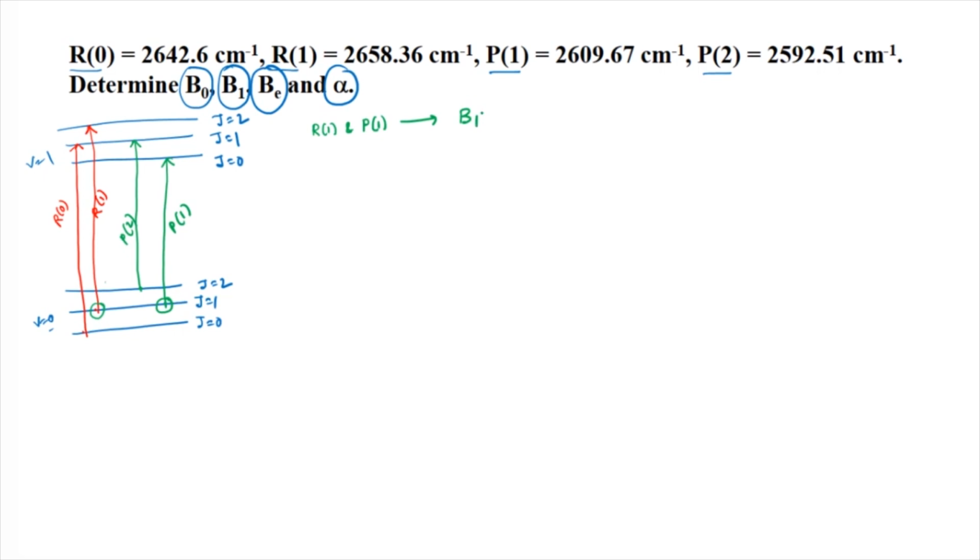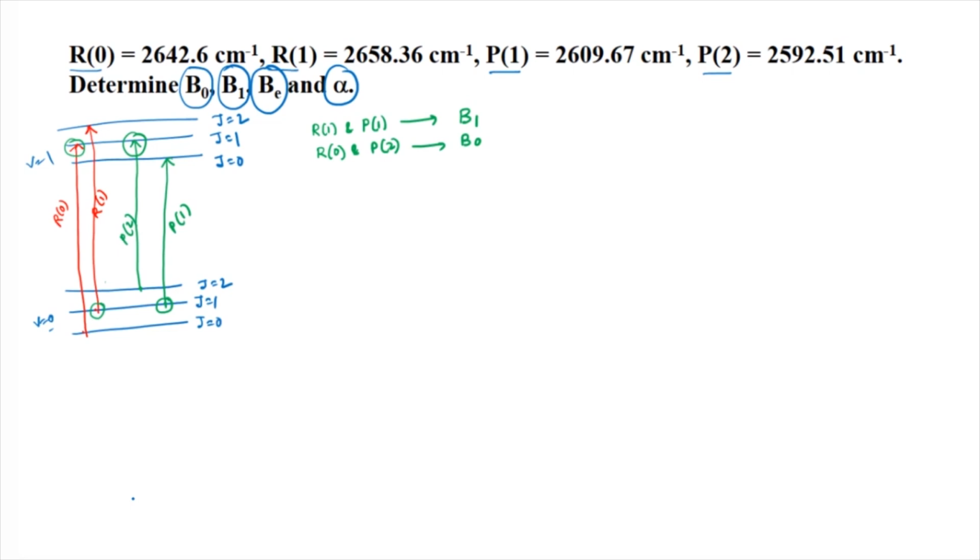Similarly, R 0 and P 2 end at the same final state, that is J equals 1, V equals 1. So, a combination of these two transitions will give us information on B 0.